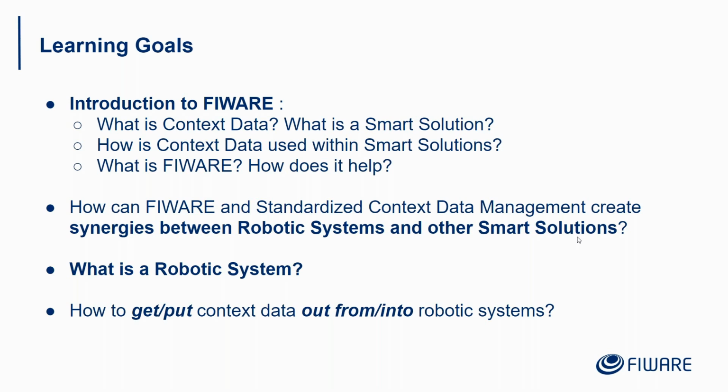We will look also at the synergies between robotic systems and other smart solutions. And we will provide you with a vision of what a robotic system is and how you can get context data out from or put context data into robotic systems using FIWARE.